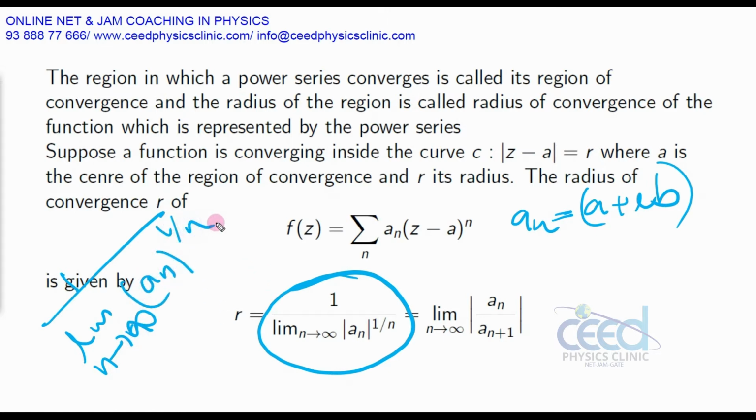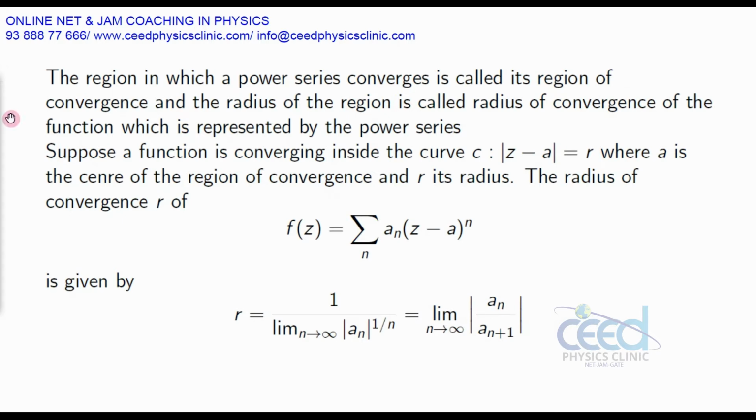If a n is given as a function of n, as n square, n cube, or any other format, then you can use this formula. When I do one example, you will get more idea.